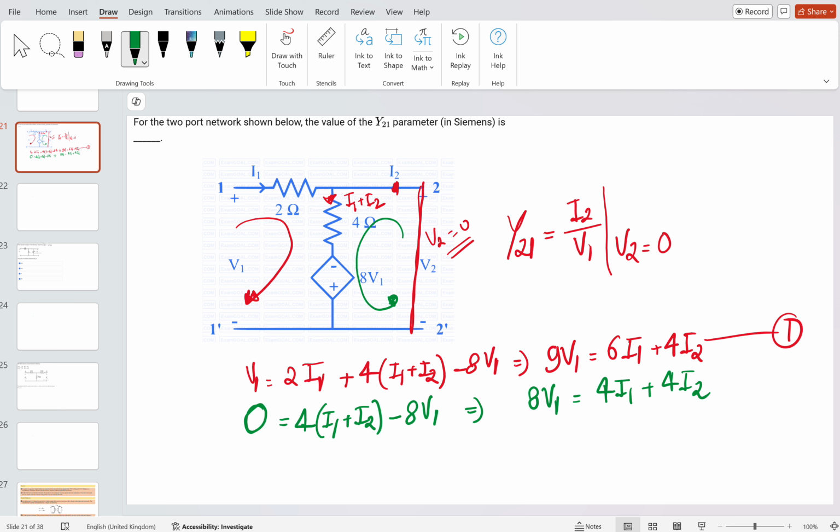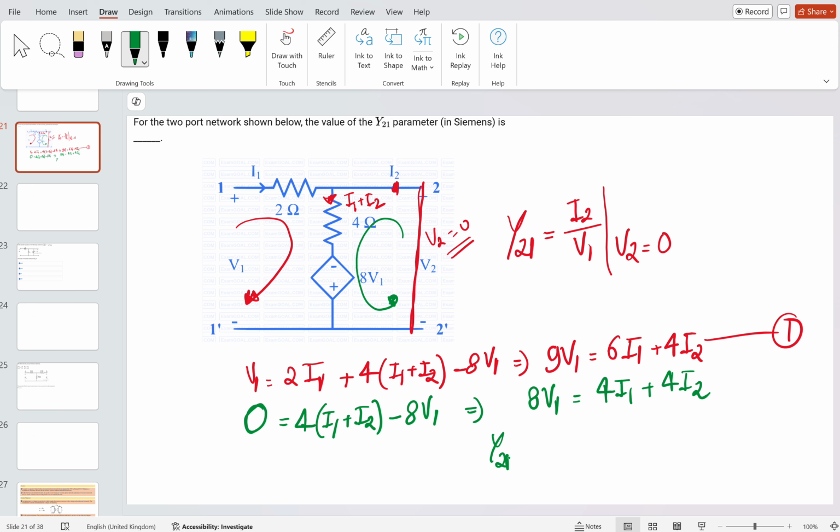It is asked that I2 by V1. Let's go through it. V2 is equal to 4 times this, and it is equal to 2 times I1 and 4 times I1 plus I2 and minus 8 times V1.